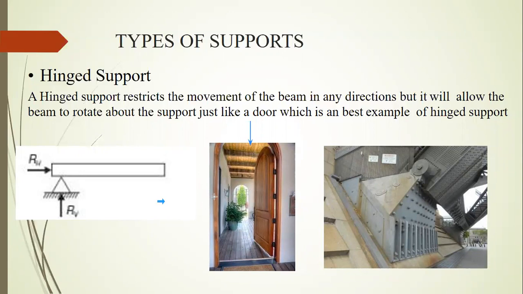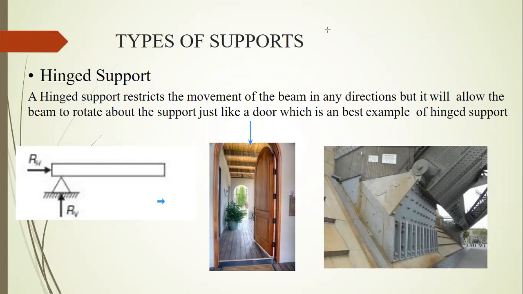If you apply the load in the Z direction, perpendicular to your door, it is going to rotate, so there is no reaction for the rotation. It easily undergoes deformation along rotation. That's why in a hinged support, we consider two reactions: one horizontal and one vertical.